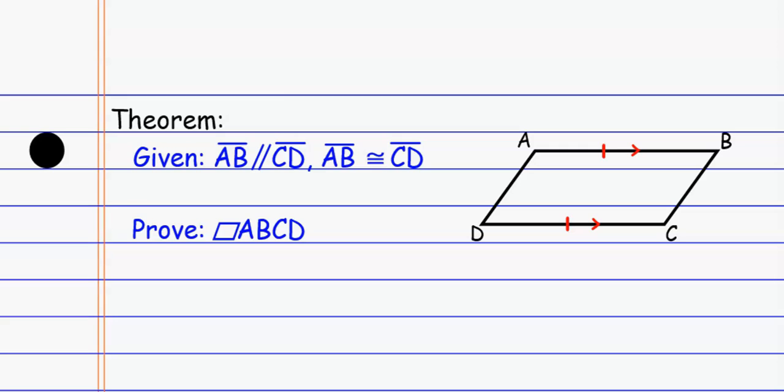We're used to having two pairs of opposite sides congruent. Now I only have one pair, but in addition to that pair of opposite sides being congruent, those opposite sides are also parallel. With just that information, I want to prove that this thing is a parallelogram. So this is kind of a special one that's not quite as obvious as the others. The others are really obvious because it's just the reverse of our properties. This one's kind of special.